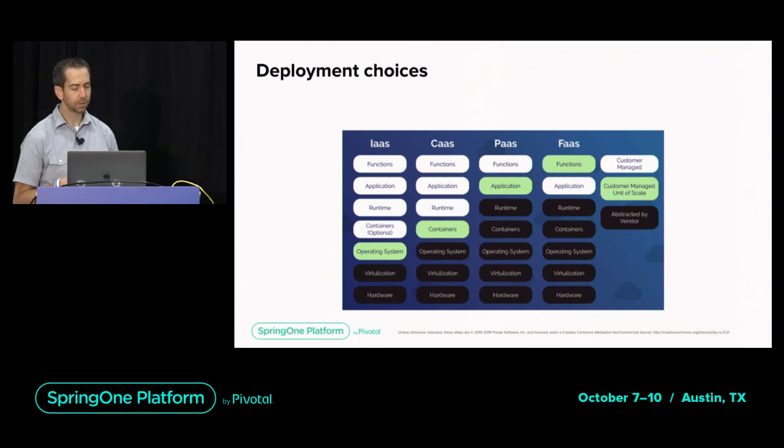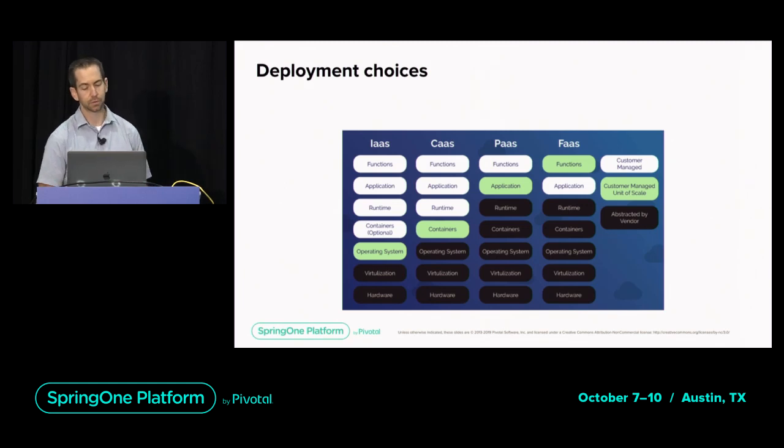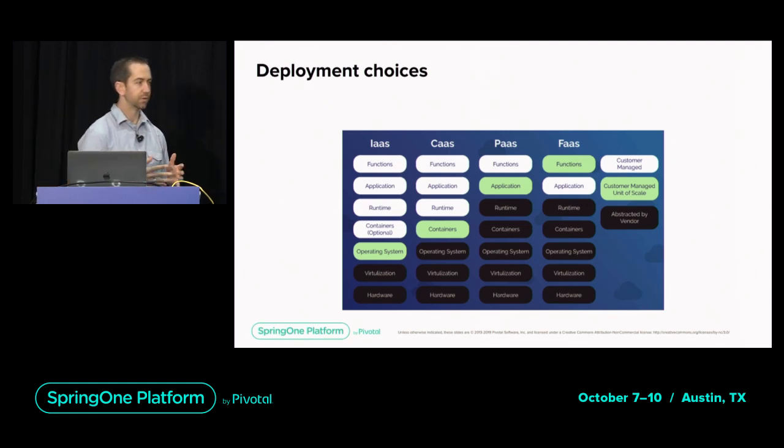And you go to the other extreme where we have functions as a service, where basically the only thing we're deploying is a small piece of code, not even an entire application, and the platform controls everything below that. So it's about what you want to have control over and what you don't want to have control over. But in between, we have 2 different choices, right?